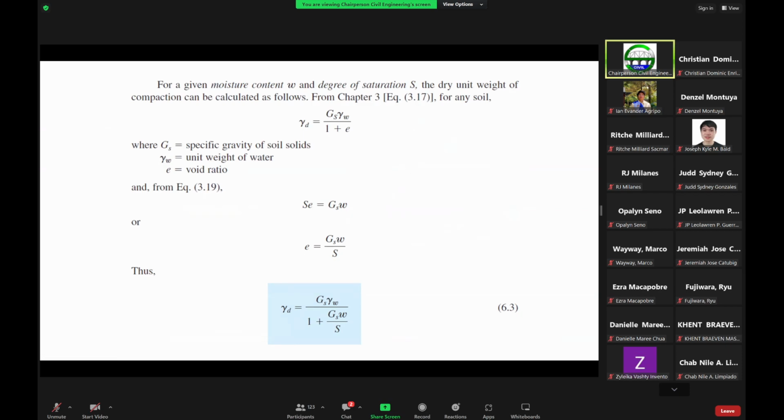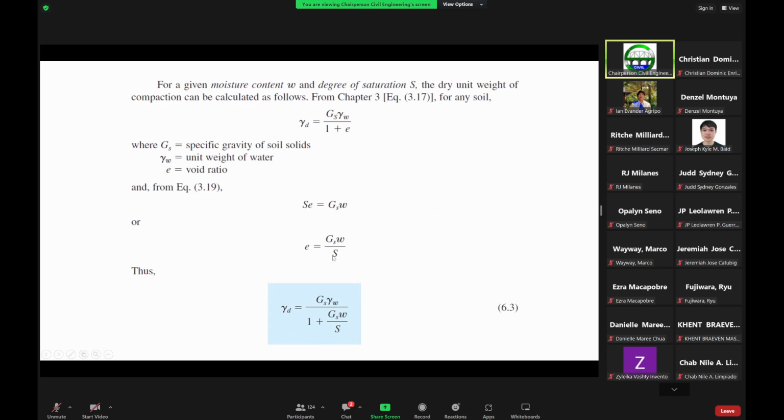Now, aside from this, recall from the previous discussions that the degree of saturation multiplied by the void ratio is equal to the specific gravity of the soil solids multiplied by the water content, or the moisture content.